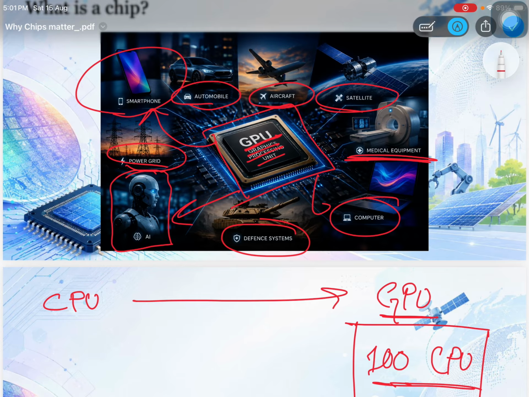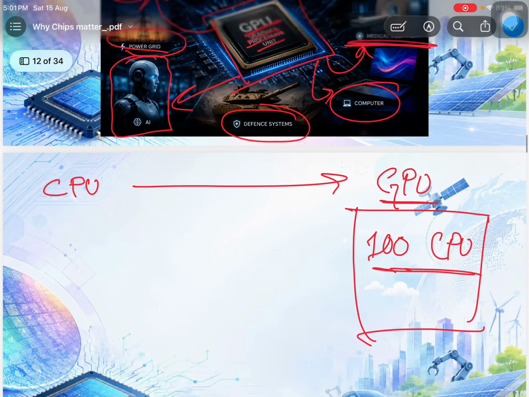Similarly, we are getting high processing computers and very good quality medical equipment. So semiconductor chips as an industry is not one industry in itself, it is a proper ecosystem. It is an enabler of all the other industries. All right, and we will be moving ahead.